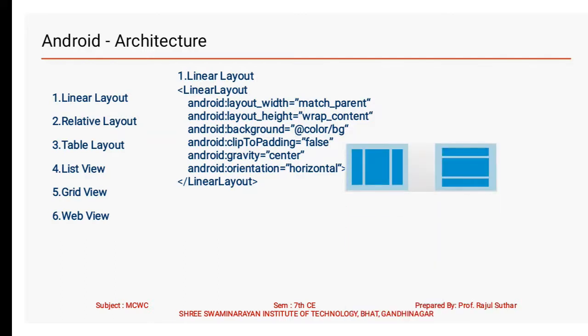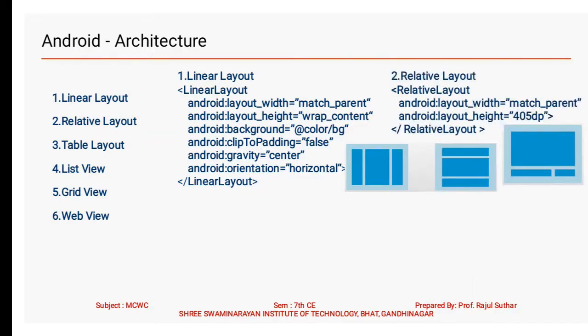In the figure of the linear layout, each child view is in a straight line, either vertical or horizontal. A vertical layout has one child view per row, while a horizontal layout has a single row. A linear layout manager allows you to specify a weight for each child, which controls the relative size of each within the available space. Look at the figure. So this is the code of the linear layout.